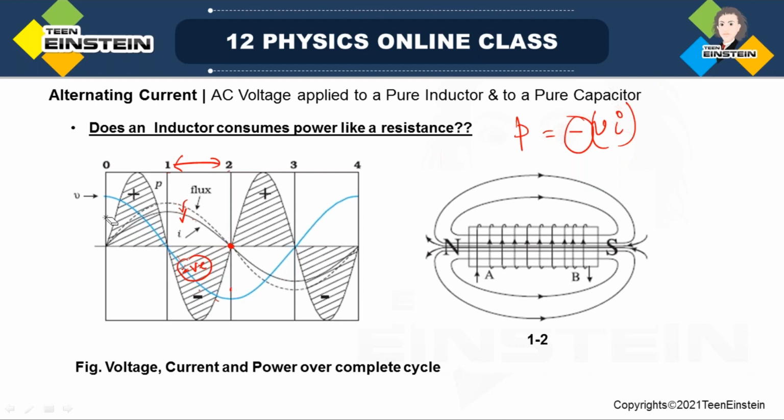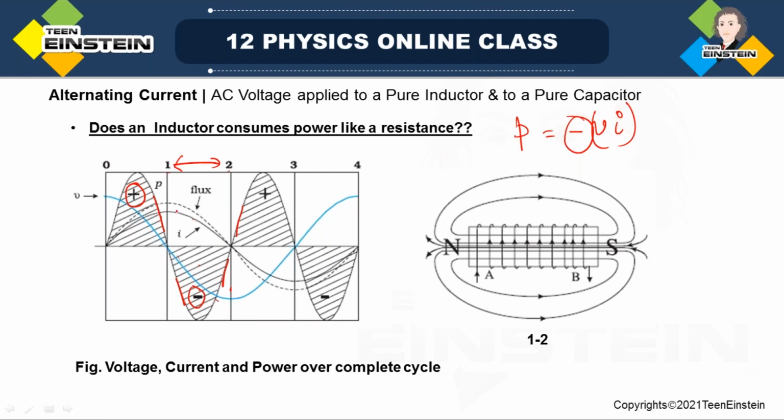So look, in the first quarter the power was positive and in the second quarter power is negative. This is the power curve.